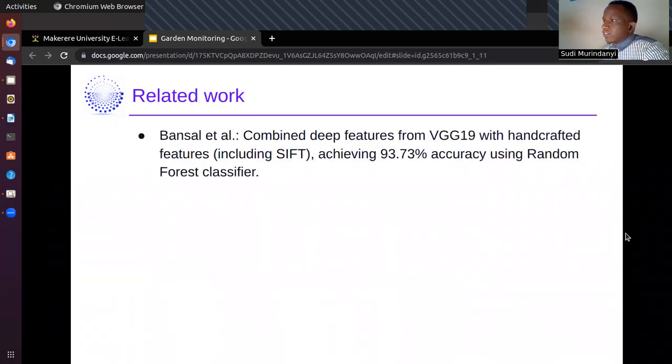But we have some other related literature. One is Bezo and his friends. They were able to combine features extracted by VGG19 with features they extracted themselves using SIFT, and they built a very impressive model, a random forest classifier with 93% accuracy.